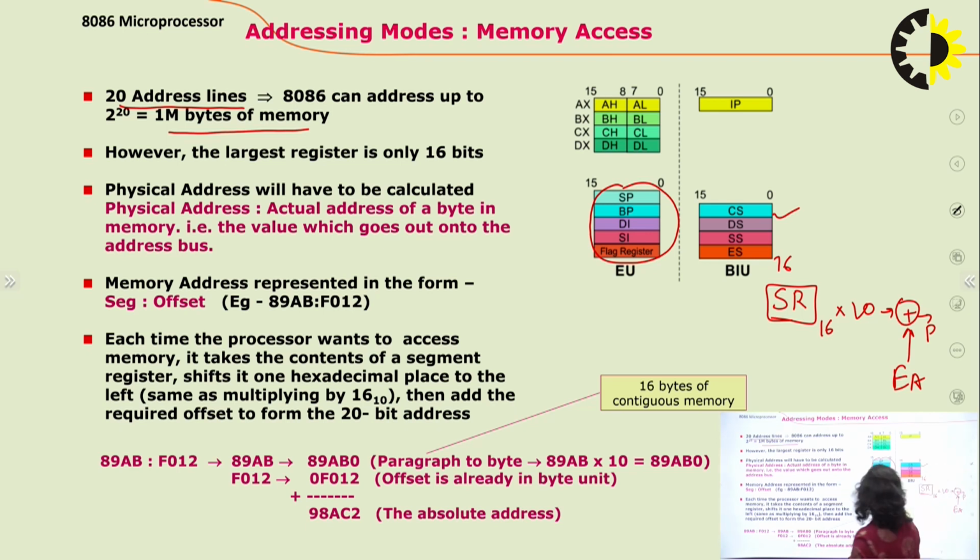So effective address will be equal to a base register, that is BP or BX, an index register, that is SI or DI, or an 8/16-bit displacement. So effective address can be calculated by a combination of one, any two, or all three of these values.